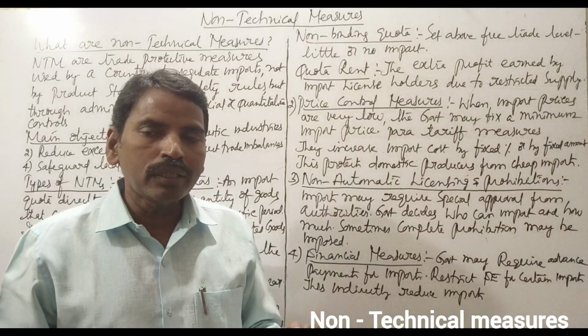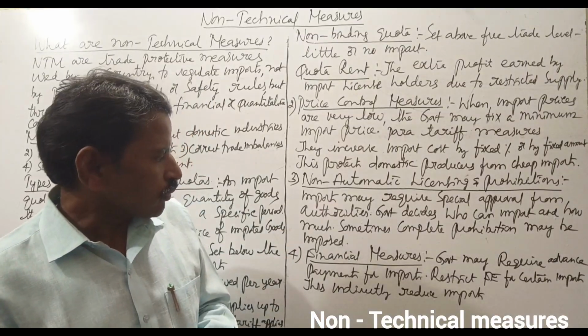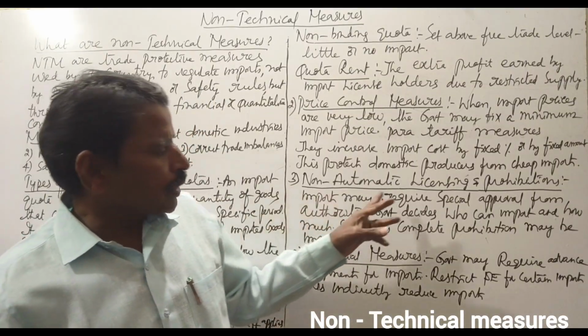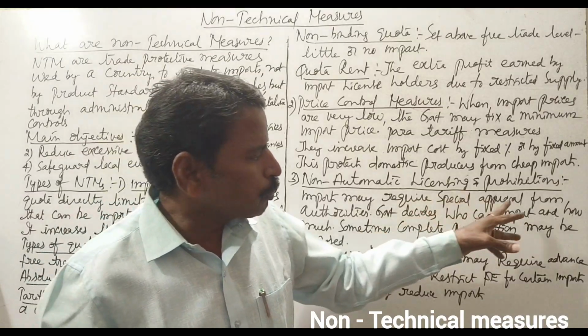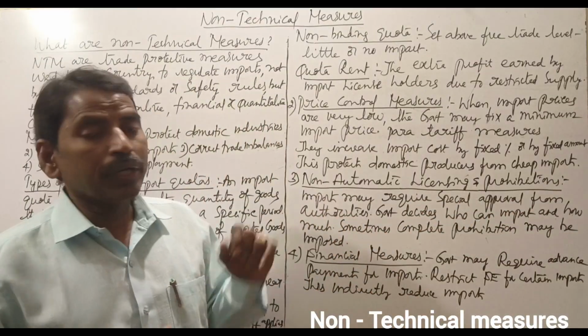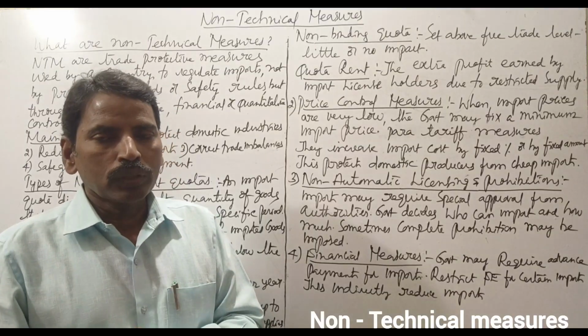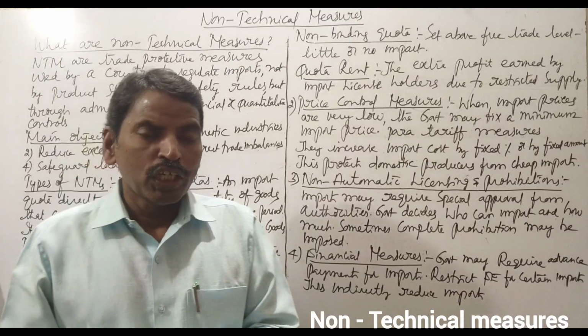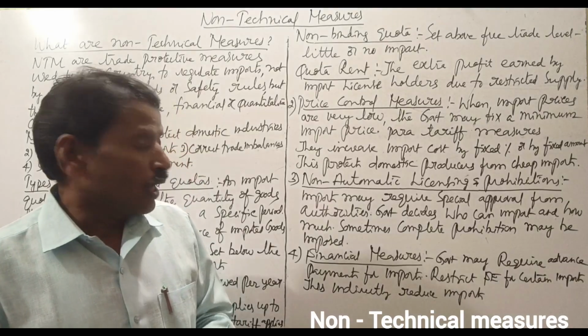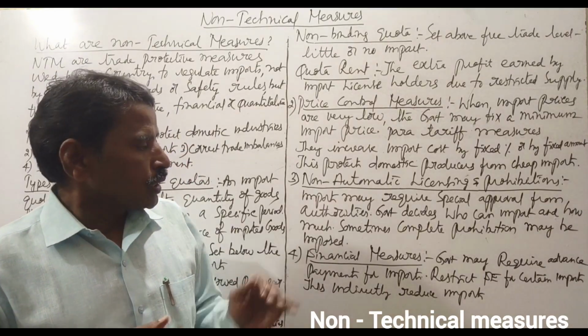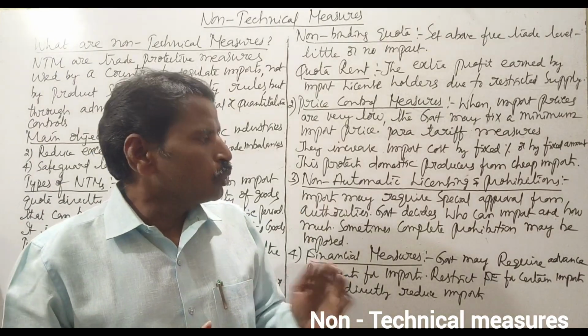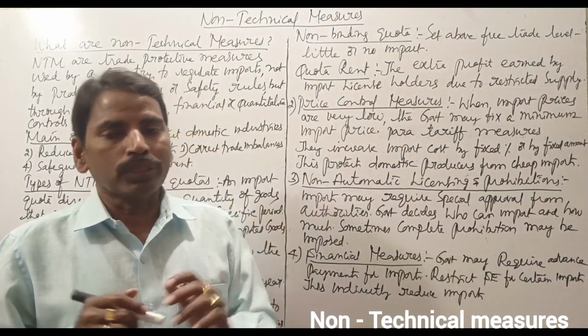Non-automatic licensing and prohibitions. Imports may require special approval from authorities. Government decides who can import and how much.